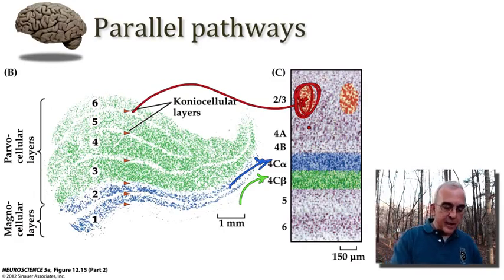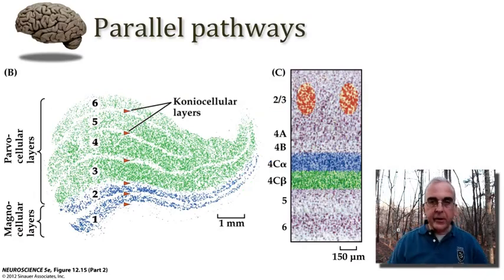So this is an example of parallel processing. We have a small-celled pathway that's concerned especially with form and with color that runs through the parvocellular layers of the lateral geniculate nucleus and into the bottom of layer 4, 4C beta.